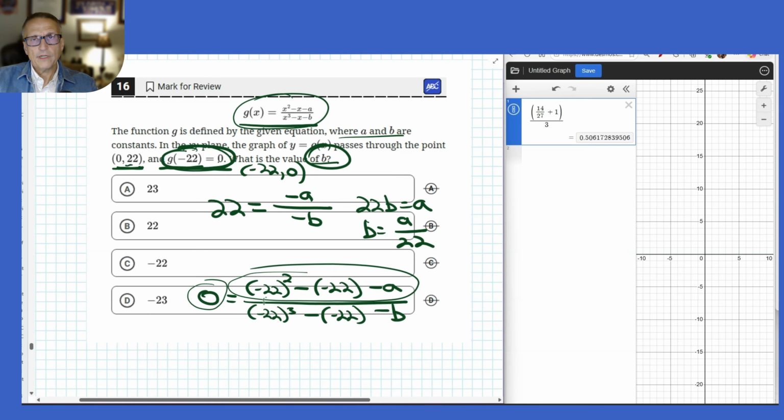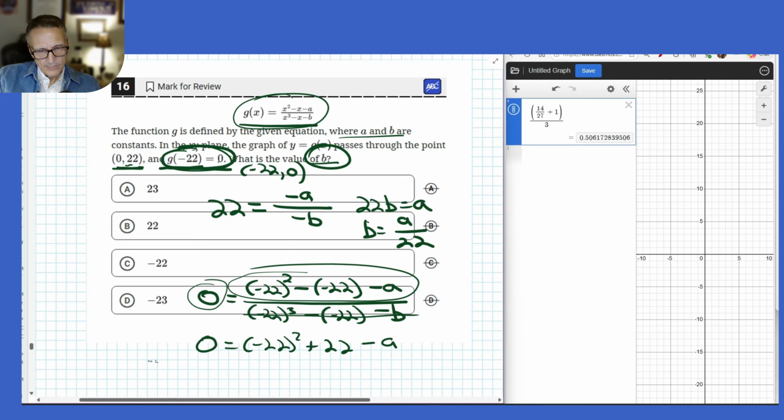What makes this function equal to 0 is whenever that numerator is 0. So really what I'm solving here is 0 equals just the top part. I don't really have to worry about this bottom part. So this is going to be negative 22 squared plus 22 minus a negative 22 minus a.